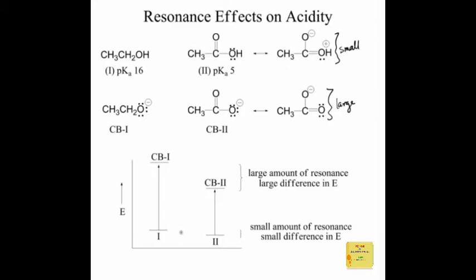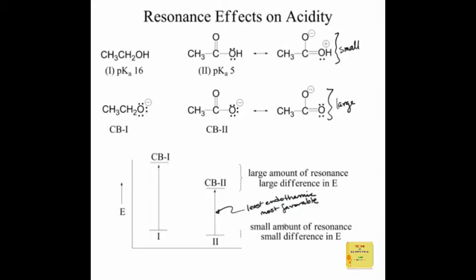But whatever small difference there is, that is not as significant as the large amount of resonance stabilization that we have comparing the O- in conjugate base 1 and the resonance stabilized delocalized O- in conjugate base 2. So we have a large amount of resonance, so there's a large difference in energy. And so once again, this transformation from 2 to conjugate base 2 is the least endothermic and the most favorable.